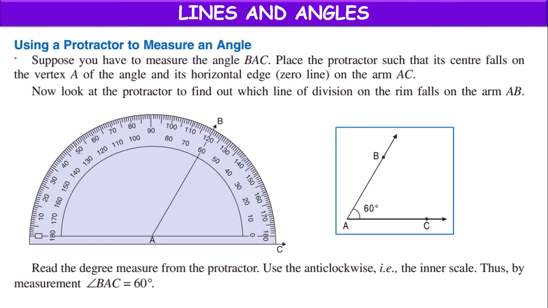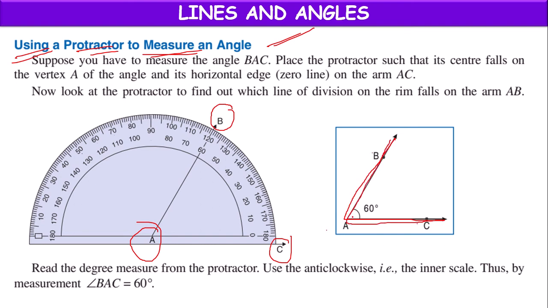So here, using a protractor to measure an angle. How to use protractor to measure an angle? Suppose we have this is point A, this is point C, this is point B, so we have an angle like BAC.